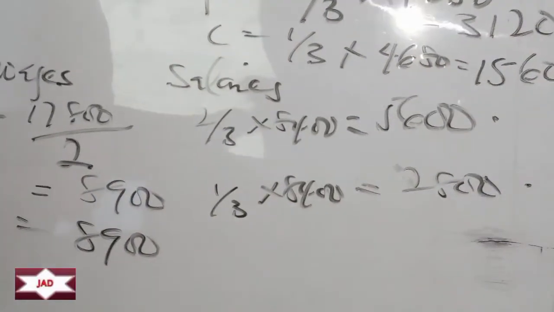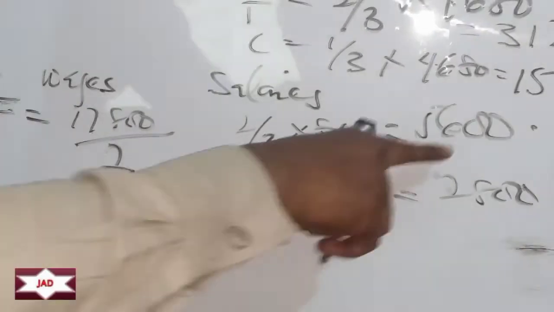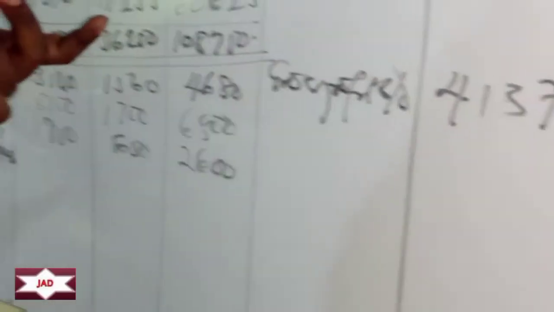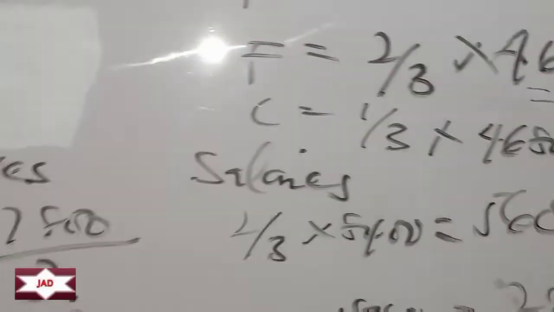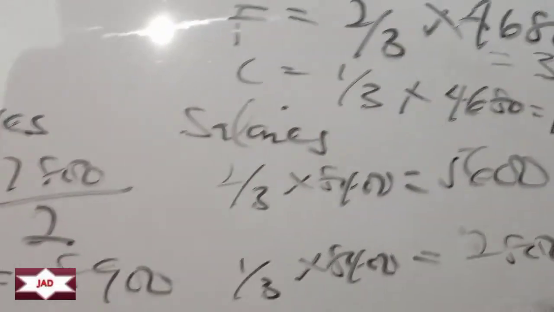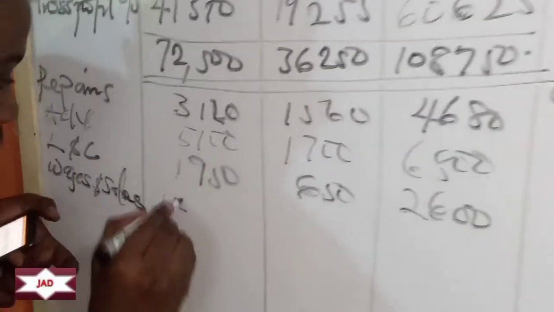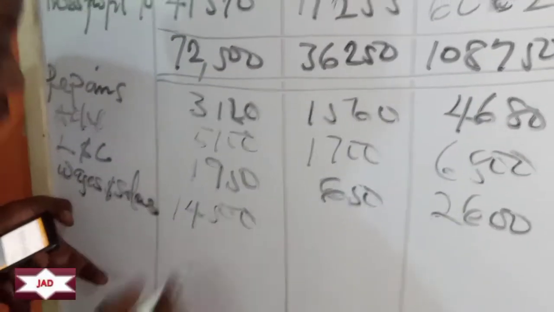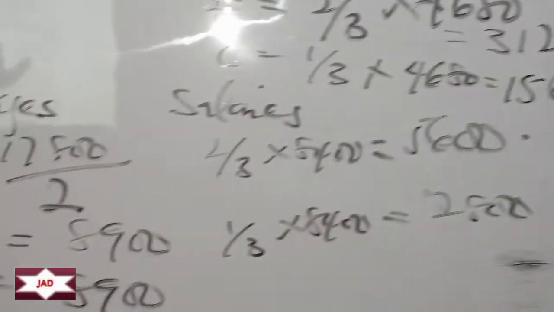So for F, that's footwear, wages and salaries will be 8,900 plus 5,600. So that's 14,500. Then for clothing, that will be 8,900 plus 2,800.